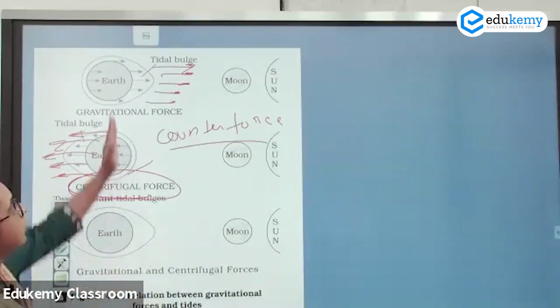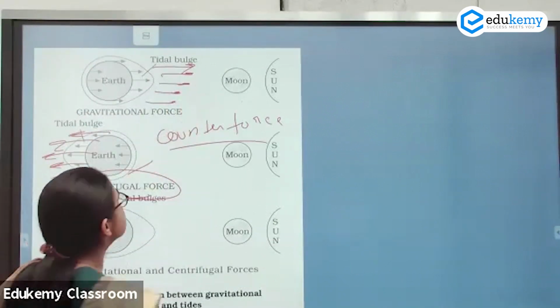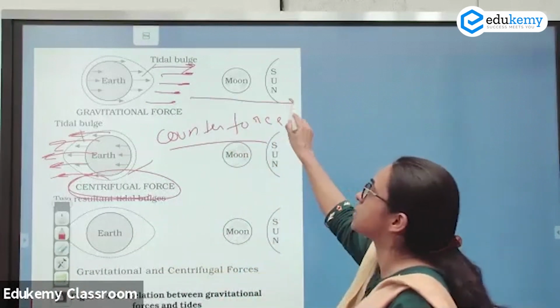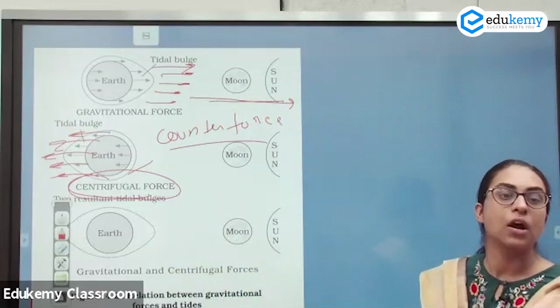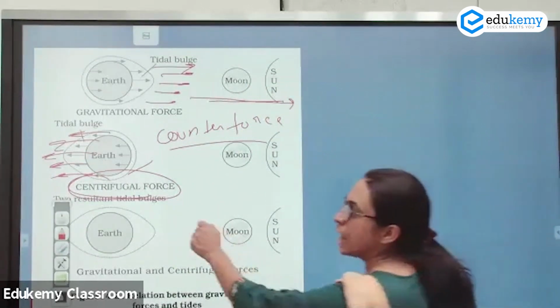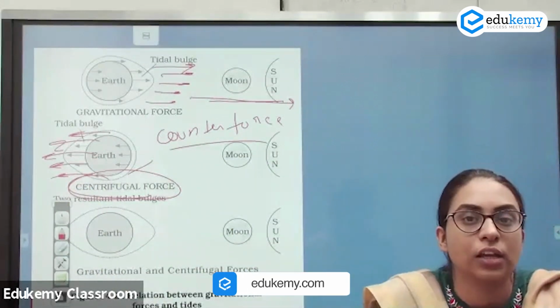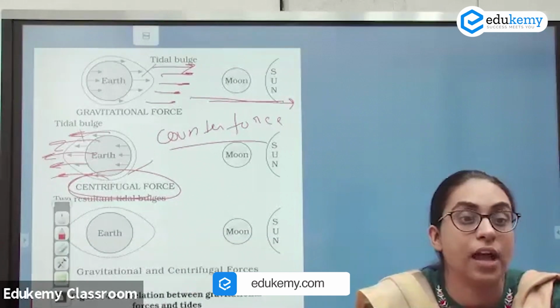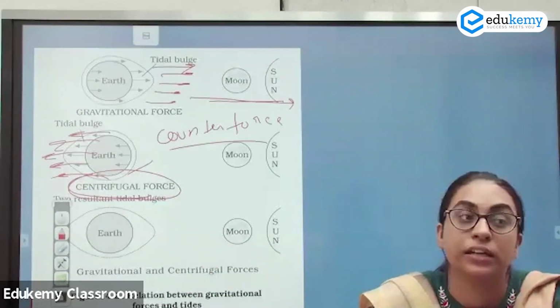So one is that there is a tidal bulge towards sun and moon. जिस direction में sun और moon है, उस direction में एक tidal bulge है. और because there is a pull, there will be counter pull. You remember Newton's third law? क्या था Newton's third law? To every action, there is equal and opposite reaction.